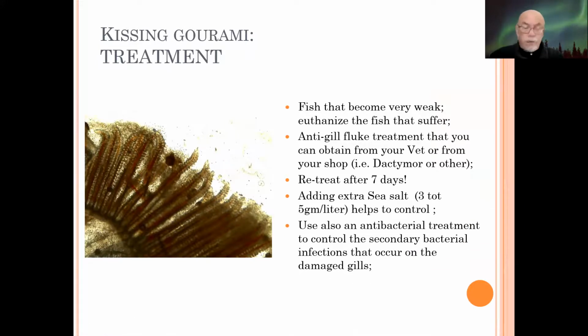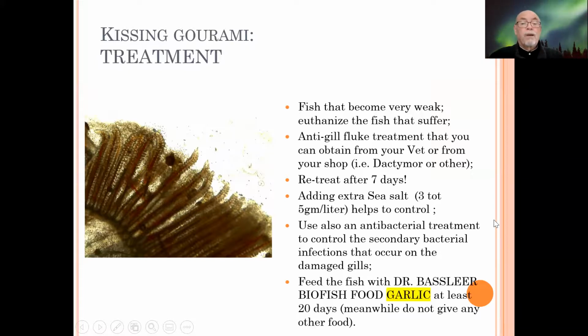Also, we recommend to use an antibacterial treatment when you see the fish are badly infected, like we see with this kissing gourami. And it's better to do it because you have secondary bacterial infections, and that can kill the fish also, because the badly damaged gills cause the fish to suffocate. Use our Dr. Bassleer Biosus food garlic at least for 20 days.